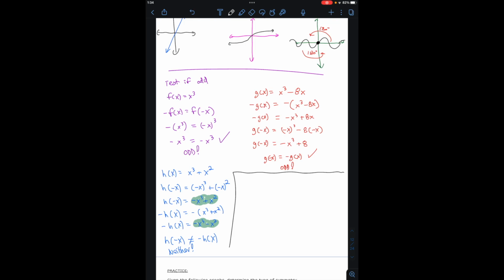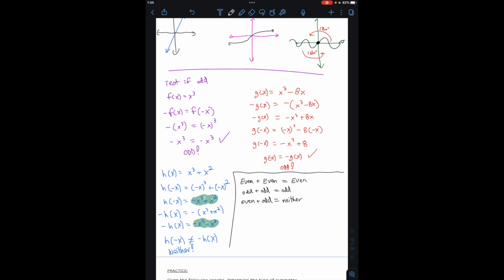And then if we have an even plus even, two even functions, we get an even function. If we have an odd function plus an odd, we get an odd function. If we have an even plus an odd, we get neither, unless either of those functions is 0.